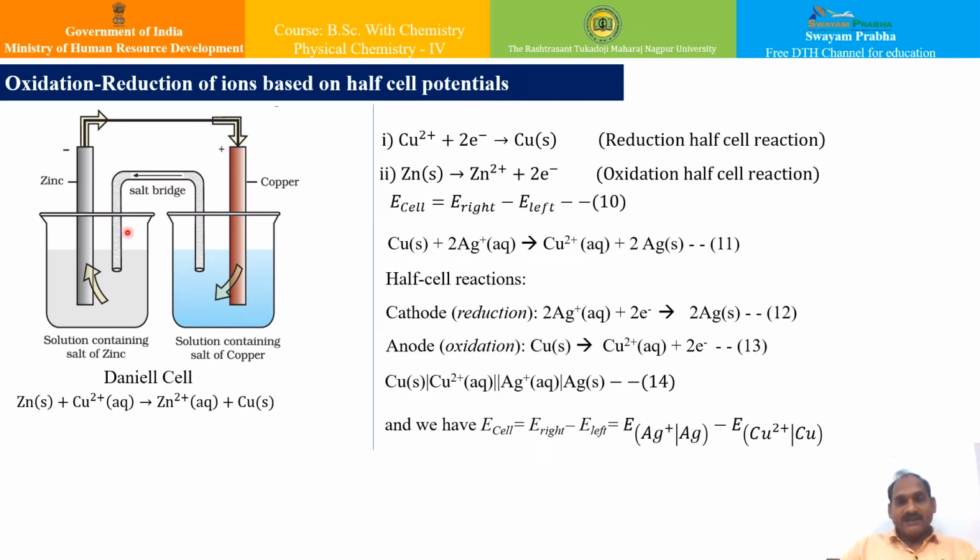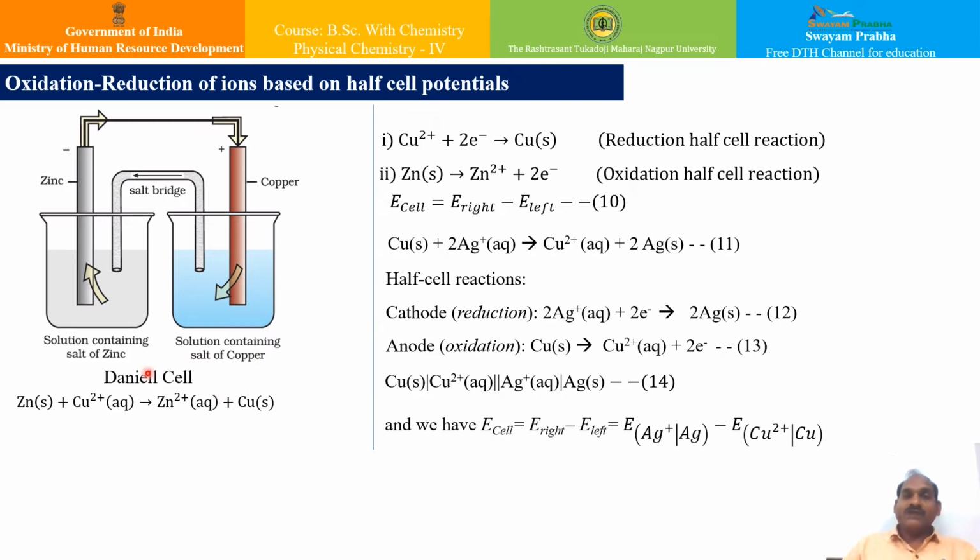Now this Daniell cell is one such cell in which the represented redox reaction occurs. Where we have represented it, here it is. This reaction is a combination of two half cell reactions.